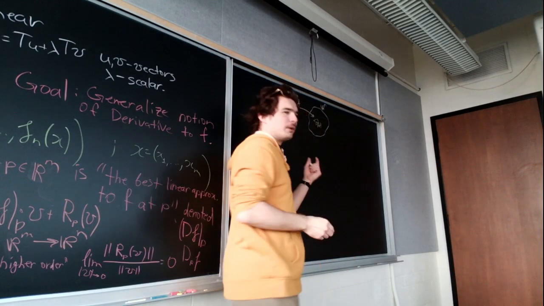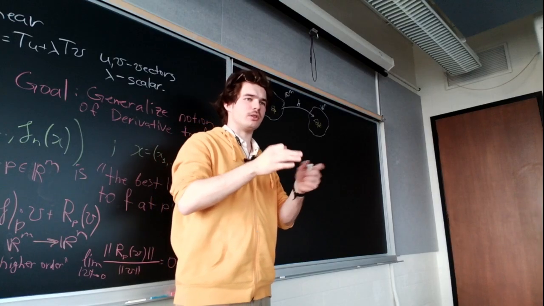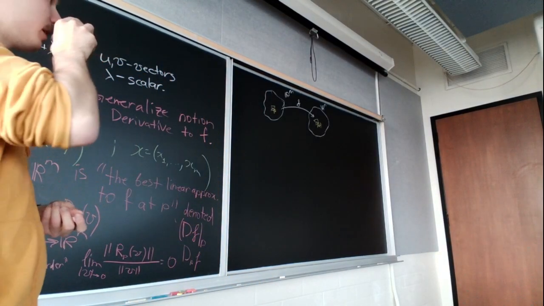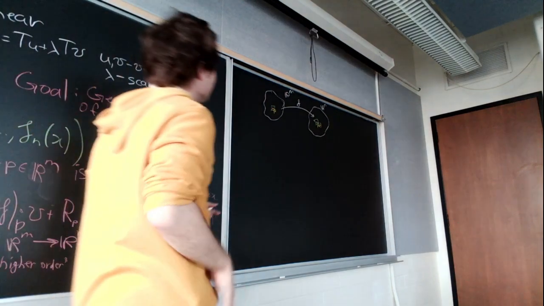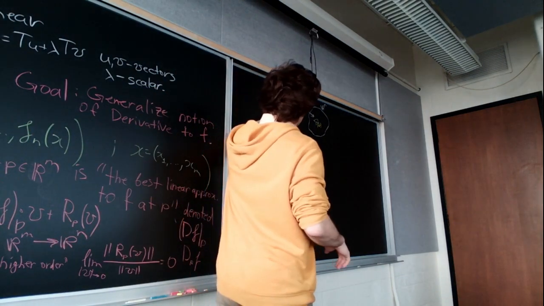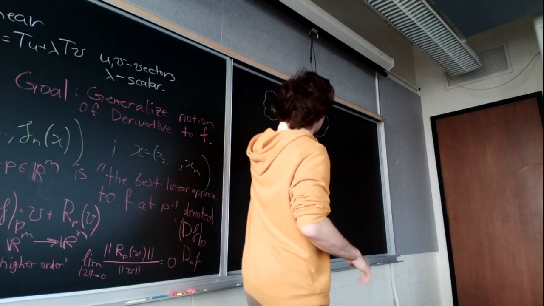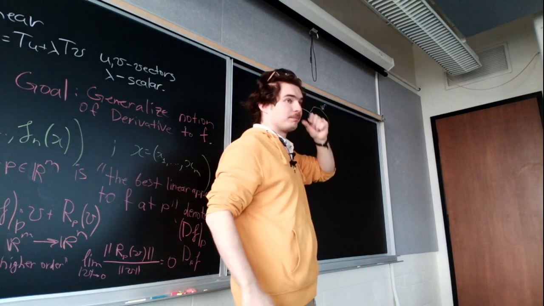It's the best linear approximation, so the approximation will only be so good, but that's the idea. I want to see approximately how stuff around here gets mapped to stuff around f of p.